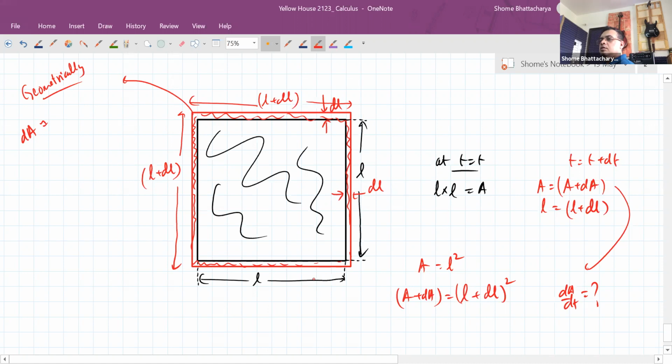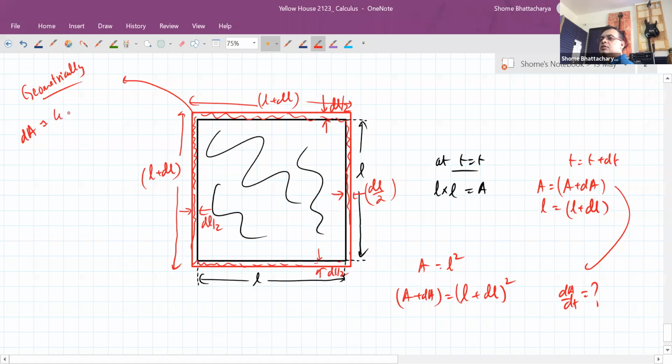Is it correct what I've written, that this thickness is dL? No, it is dL by 2. Okay. Because see, this whole thing is L plus dL. No? So on each side, it's increased in thickness like this. Okay.